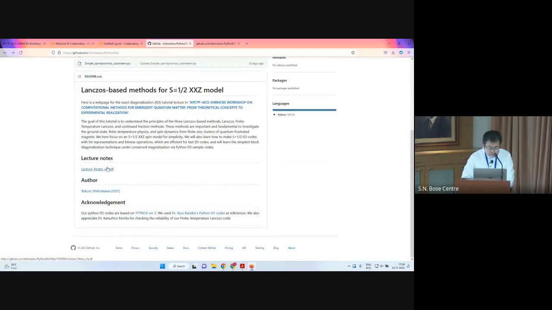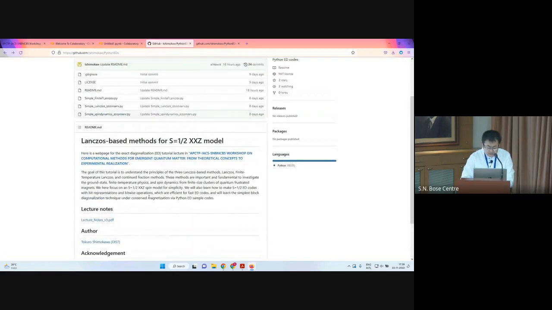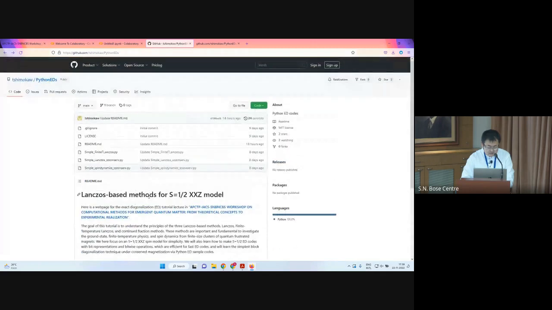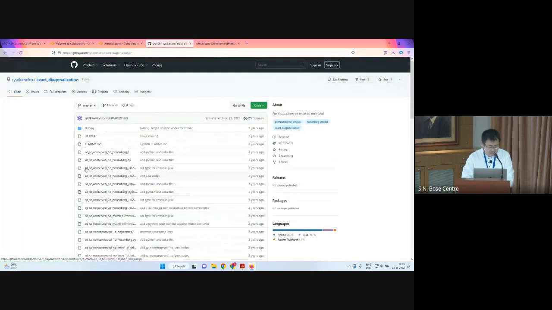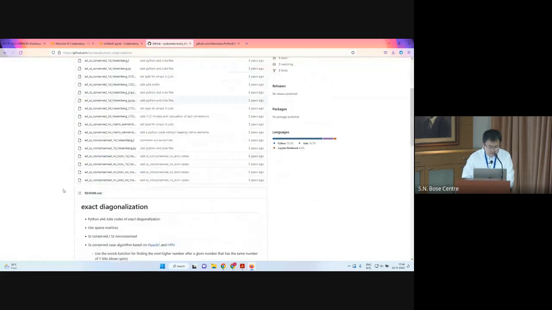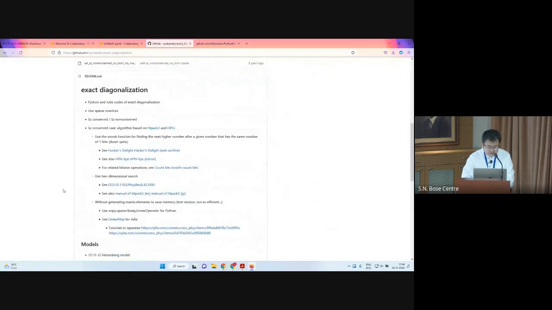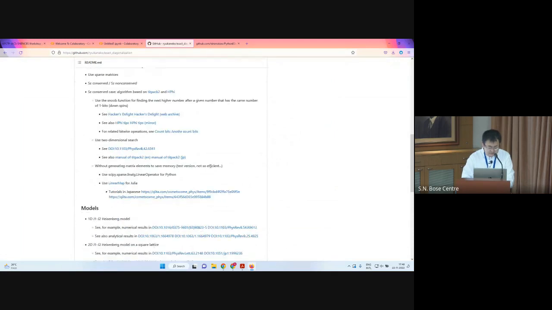For the snoop function, let's go back to the GitHub web page, and you can see the acknowledgement. Please open Dr. Kaneko-san's GitHub web page, and there's a web link about the snoop function.